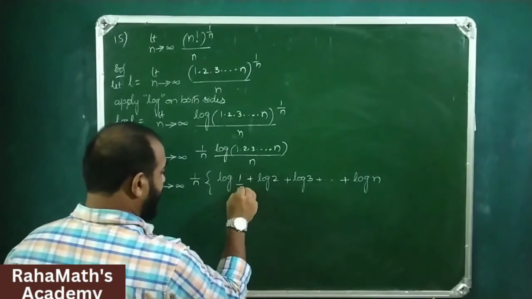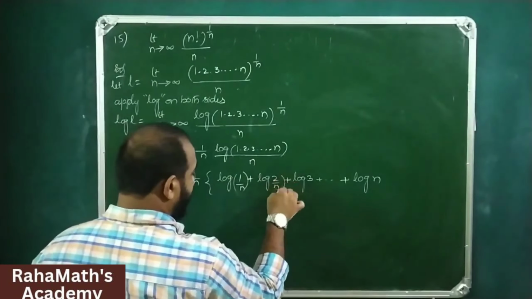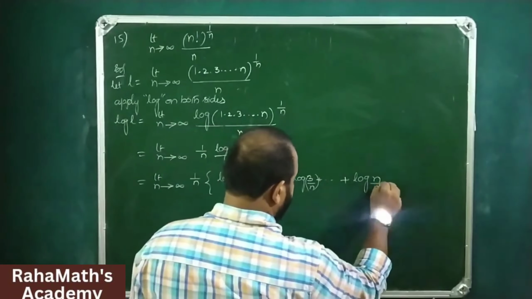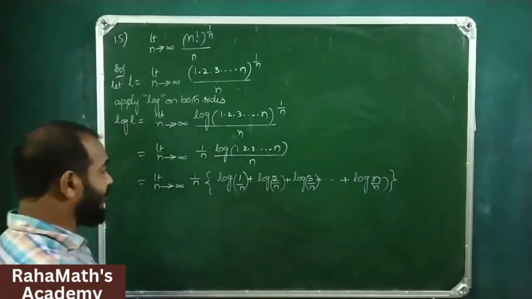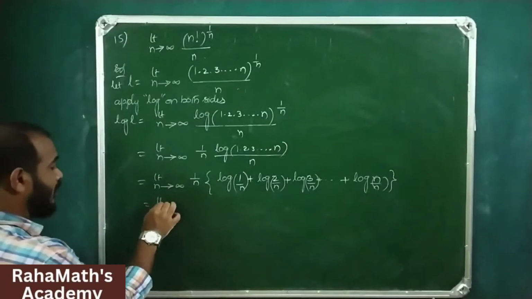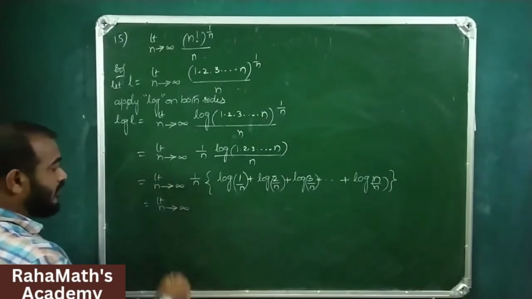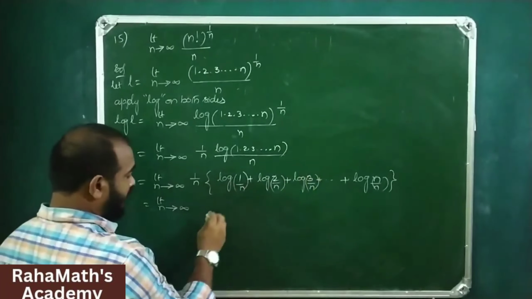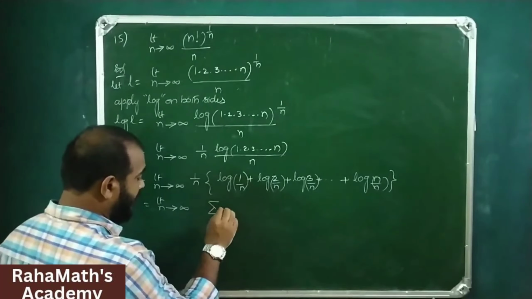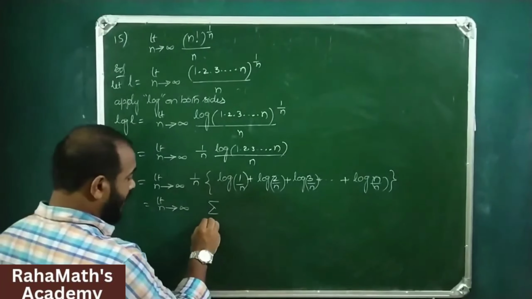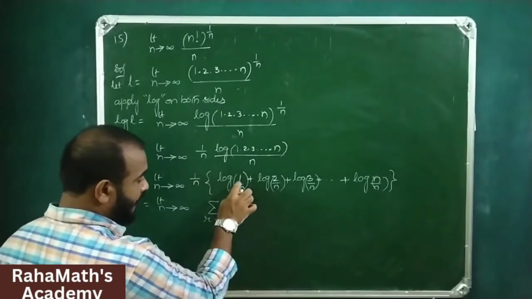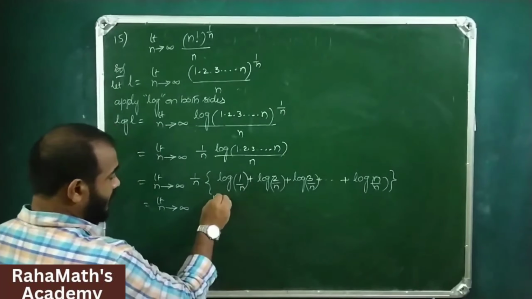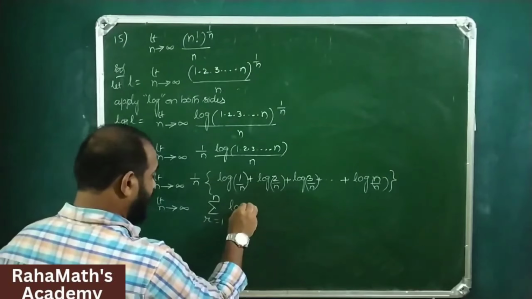So this is 1 by n, 2 by n, 3 by n, etc. n by n. This is equal to limit n tends to infinity. Since this is a summation of a series, I will replace it with the sigma notation, r runs from 1 to n, log.